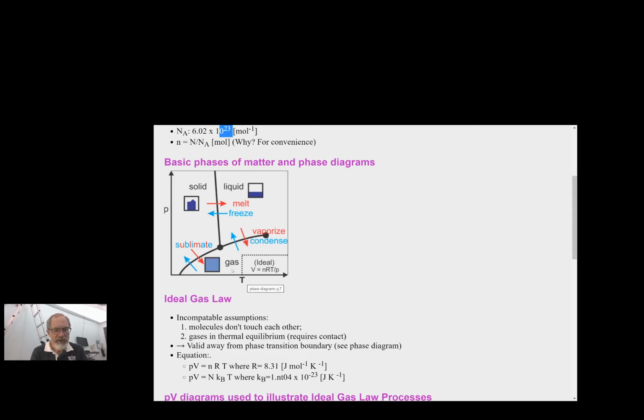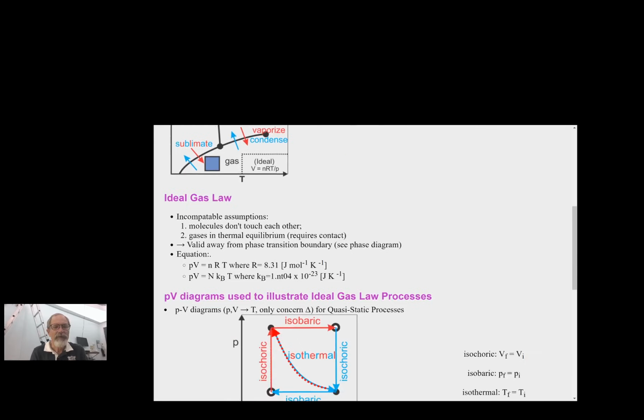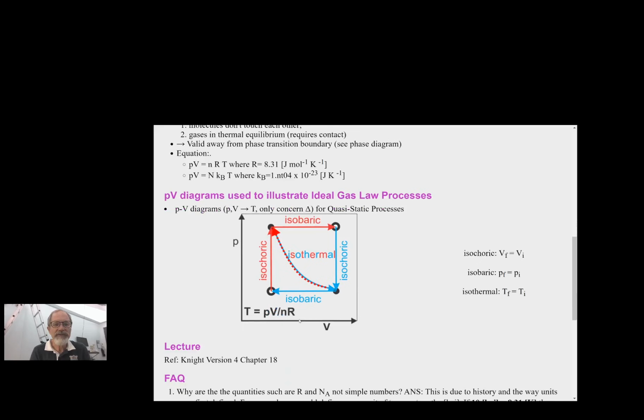And we have three basic phases: solids, liquids, and gases. Within these phase diagrams, there's an area which is covered by the ideal gas law. In this case, we can use a PV diagram to illustrate the ideal gas law. In the ideal gas law, temperature is related to pressure and volume and the number of molecules.